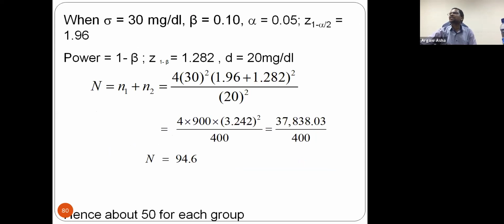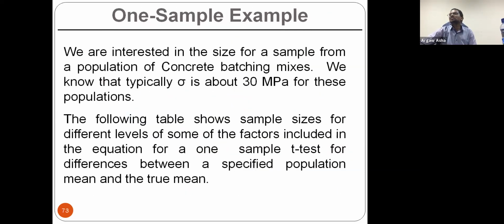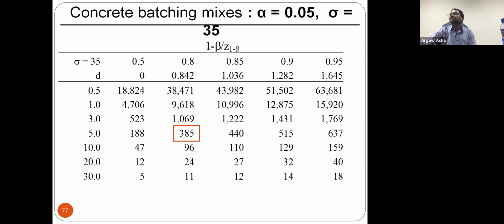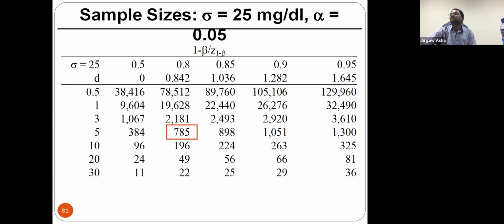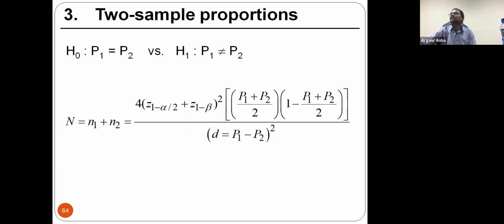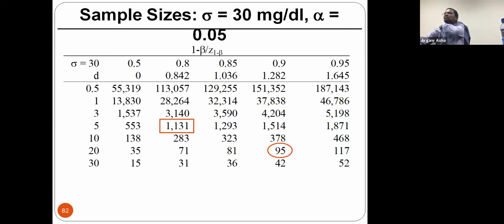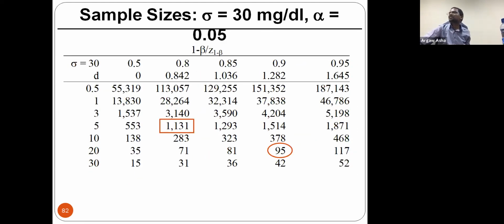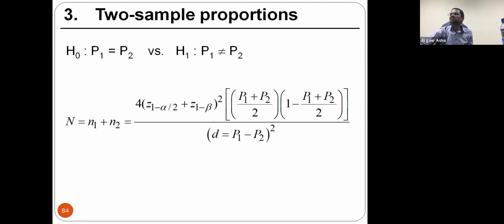Same alpha check, for example, is around 94.95. What did we get before? It was around 196. So the same is true, and you can check this against the previous one. For 95 the sample at 0.8 is 1131, 1139.